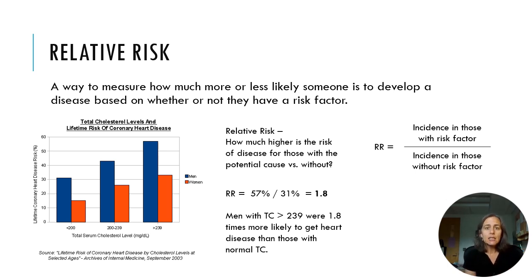So that means that the male-bodied people with high cholesterol were 1.8 times more likely to develop heart disease than those with normal cholesterol, or 180% more likely. So 1.8 times more likely. So that's kind of a lot, right? That's a big deal. So again, this is an example of a cohort study following people forward over time to see if the cause precedes the effect. Requirement number 2.